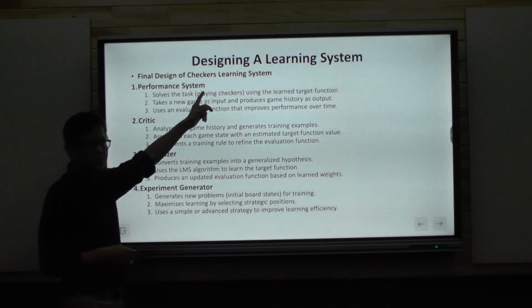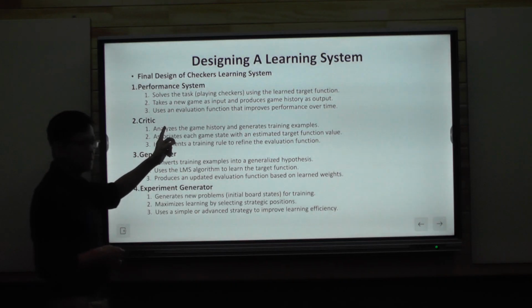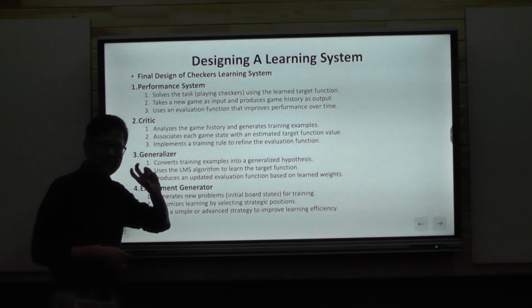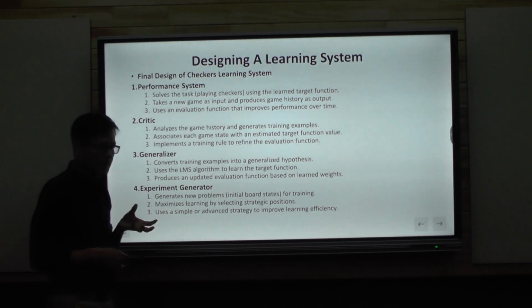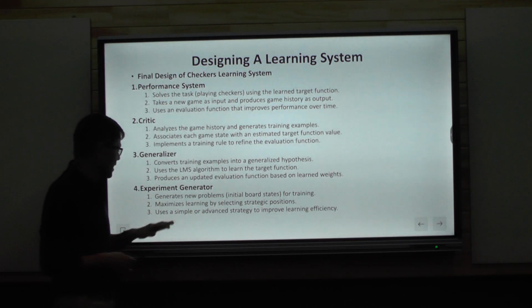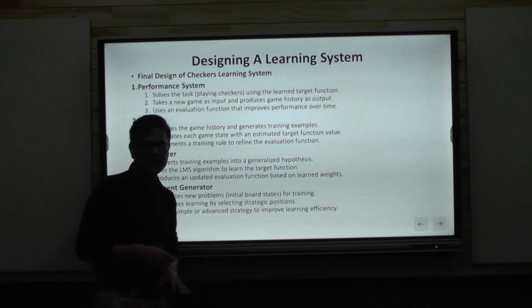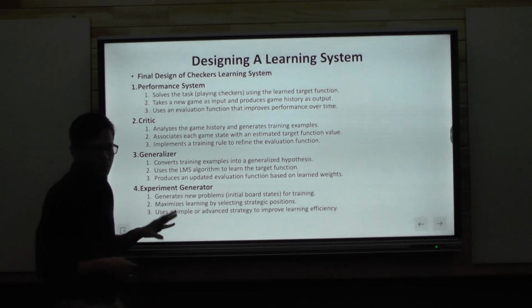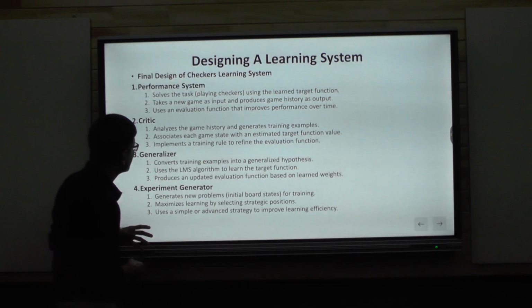First is the performance system. Second is the critic, which analyzes certain parts and comments. Then the generalizer, and then the experiment generator. Now we will take each one by one and see what it means.